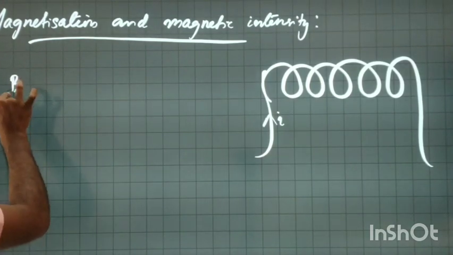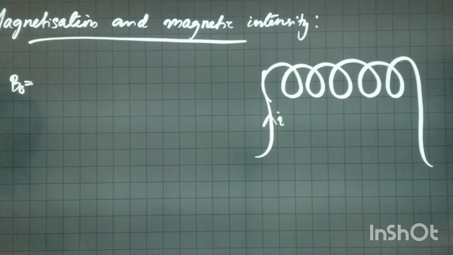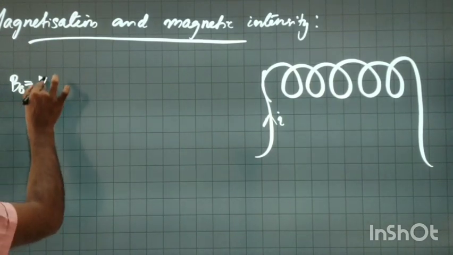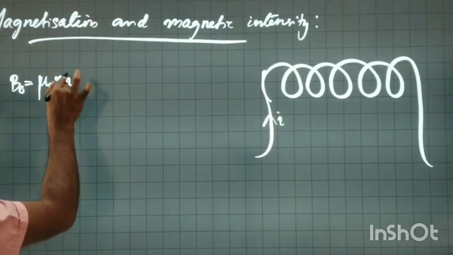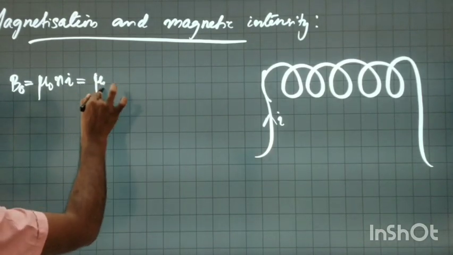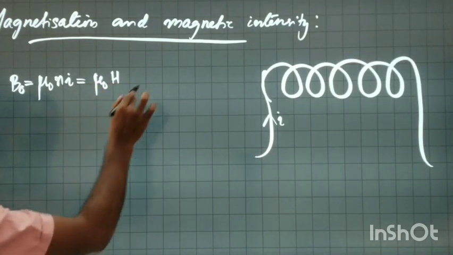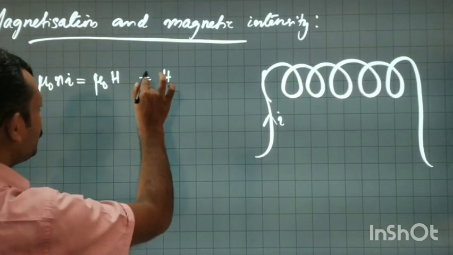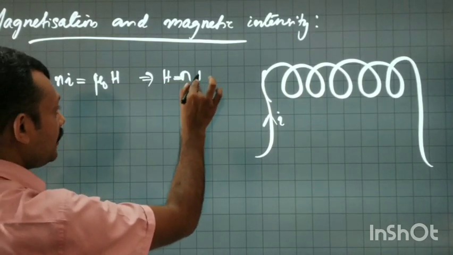Let B0 be the magnetic field inside the solenoid. From our knowledge it is mu0 Ni, or I will write it as mu0 H, where H is equal to Ni.